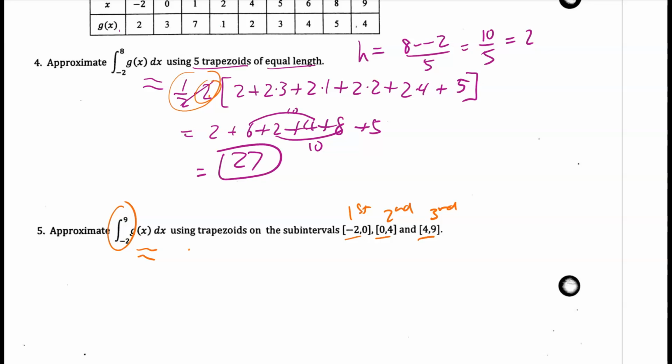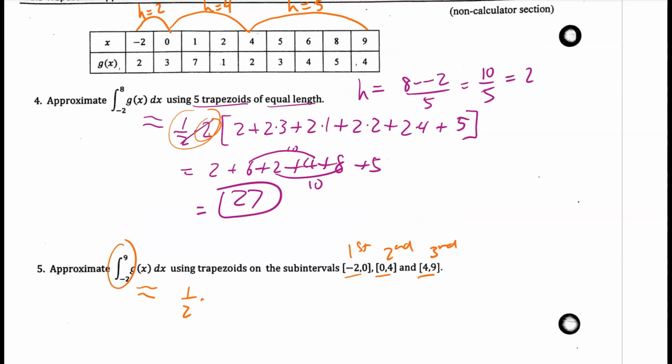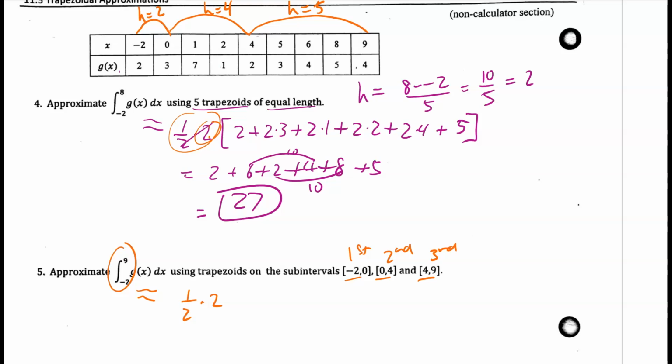So what we're going to do for this one, we're going to say that this integral is approximated by 1/2 of, and we'll just take it one at a time. So we'll take the 2 that was up top here, and we're going to add the 2 bases, 2 and 3, so that would be these 2 guys right here. Second one, that would be here and here.